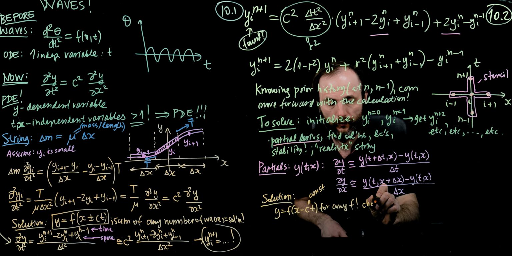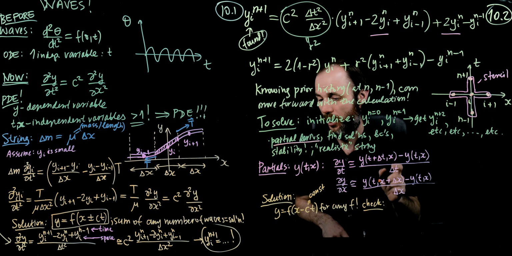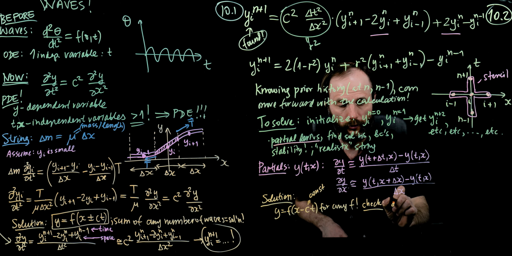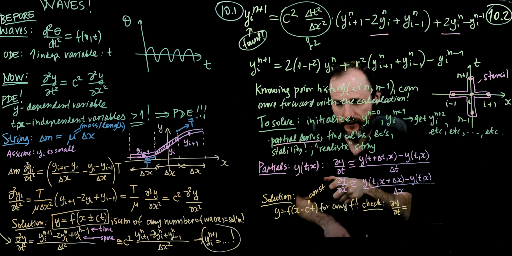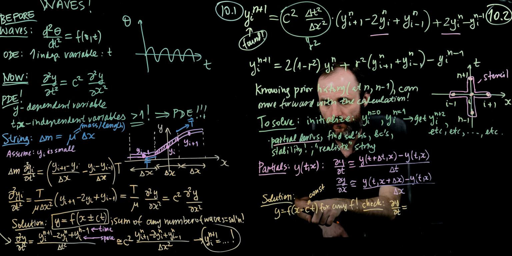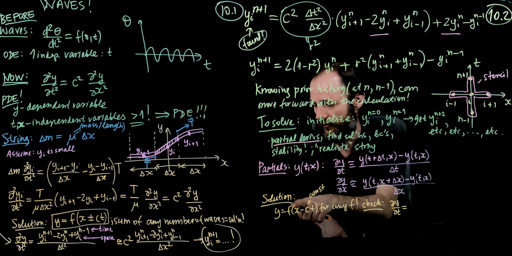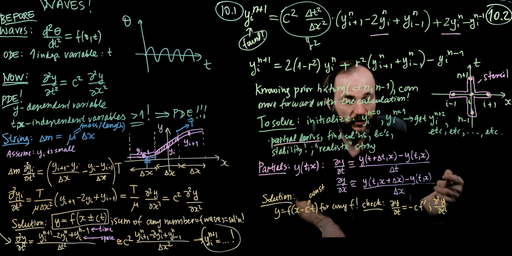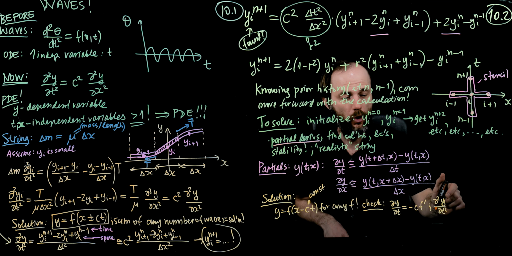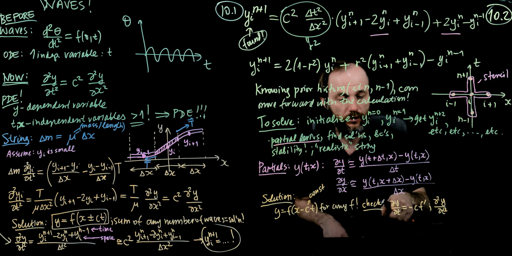So we are going to compute what dy/dt is, and that is going to be minus c times f prime. And what is d2y/dt squared, the second derivative of y with respect to time, or the derivative of the derivative of y?